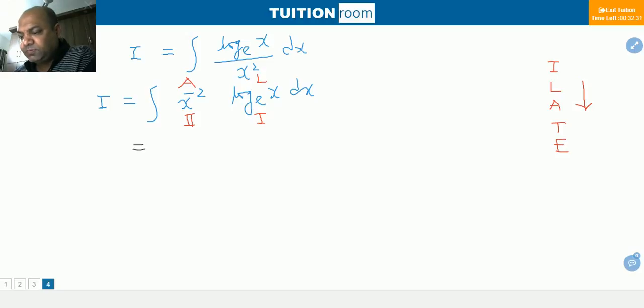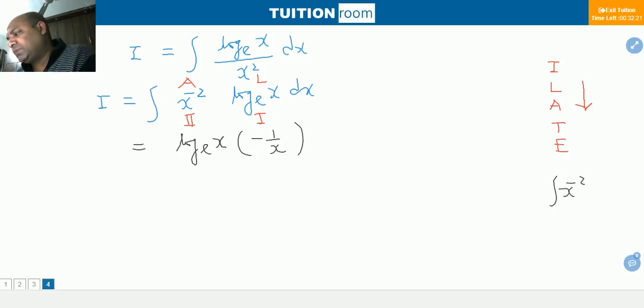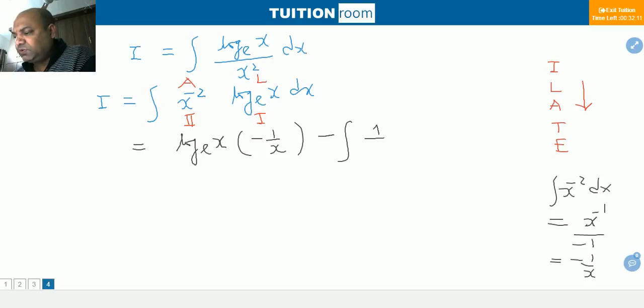Now students, we can write it as minus 1 upon x plus some constant c. So please copy it and I will proceed to the next problem. Before I proceed, you should solve one problem at home.